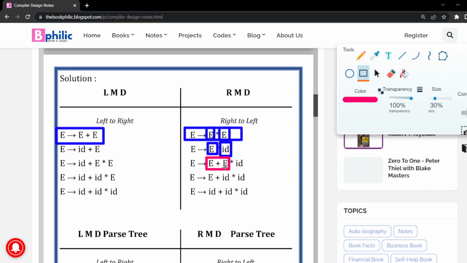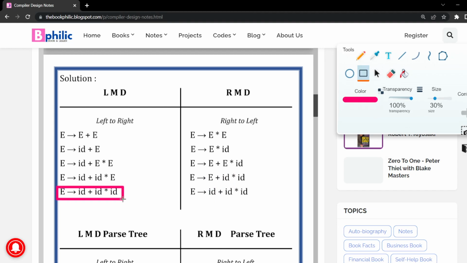The rightmost non-terminal is this capital E, which will be derived into id, and the remaining capital E will ultimately be derived into id. So at last we get the same syntax, id plus id star id, in two different ways.